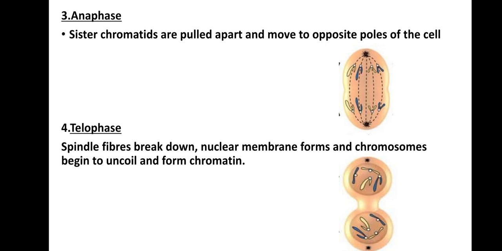The daughter chromosomes arrive at the poles, and the spindle fibers that have pulled them apart disappear during this phase. Nuclear membrane begins to form, nucleus reappears, and the chromosomes become less tightly coiled. This is followed by cytokinesis, division of cytoplasm to form two daughter cells.